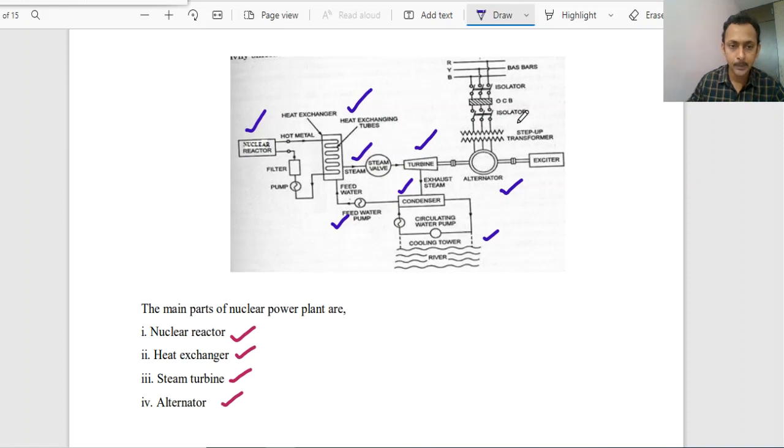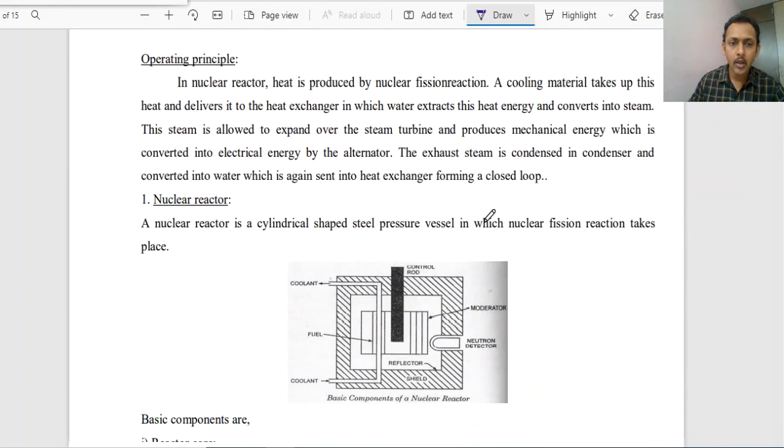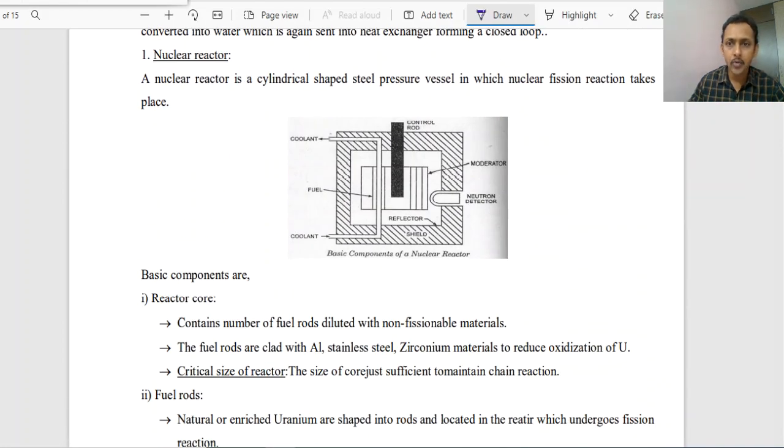Dear students, with respect to the nuclear reactor, if you observe, some major components will be there: mainly the coolant, the fuel you are going to use, the control rods, moderator, neutron detector, reflectors, and the shielding cover.